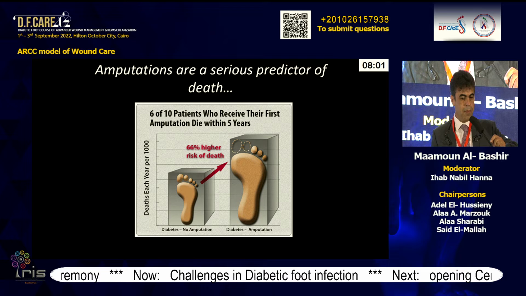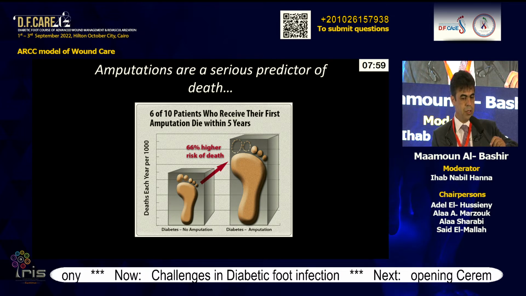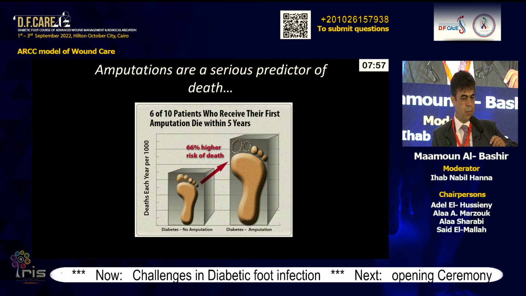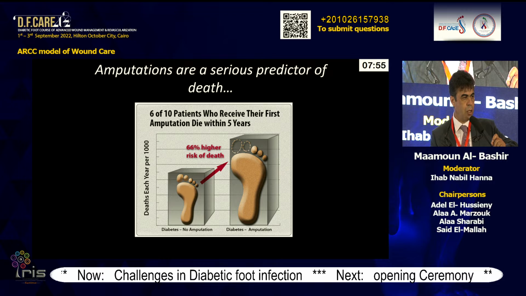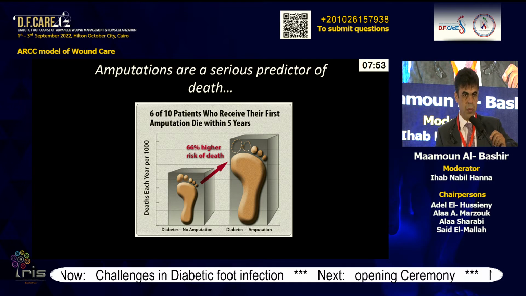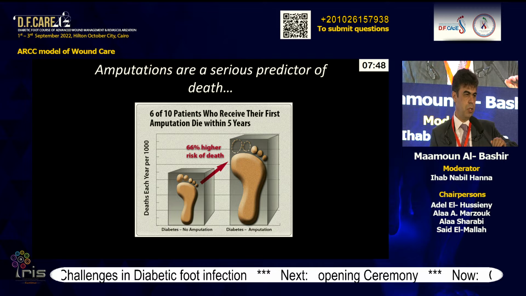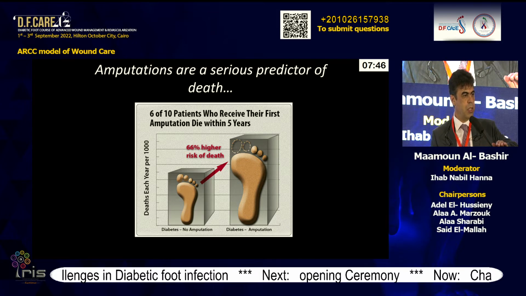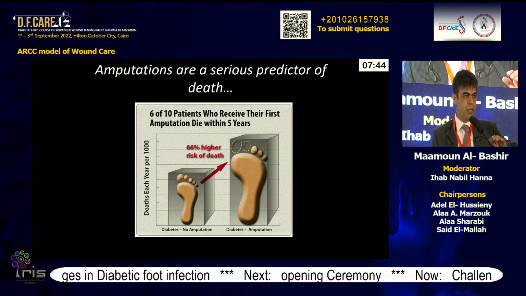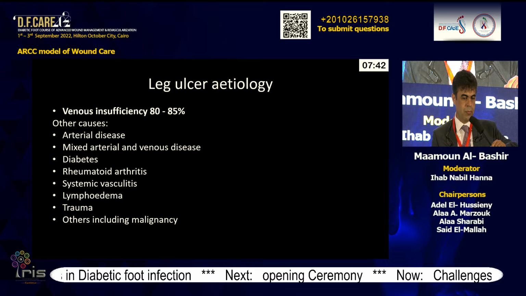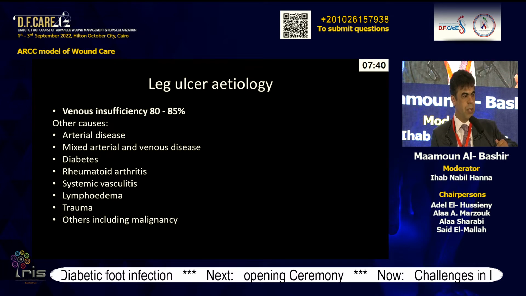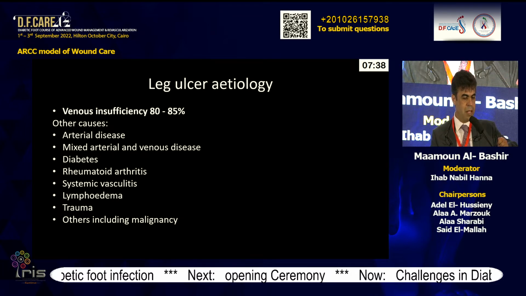And we know that patients who receive an amputation, most of them, 6 out of 10, will die within 5 years. So we're making a difference to their quality of life for these 5 years. And to make a difference, they have to keep the rest of their foot and they have to live wound-free. The etiology of leg ulcers and wounds is immense.